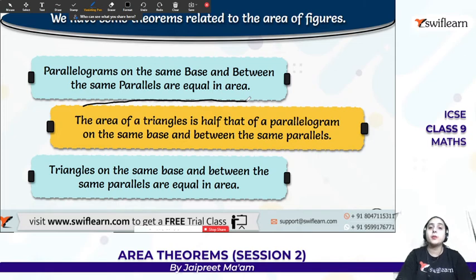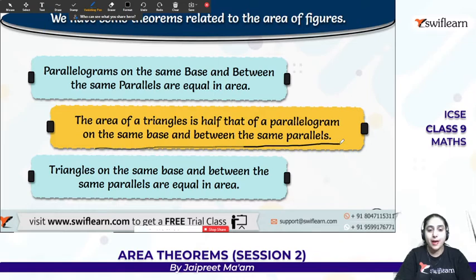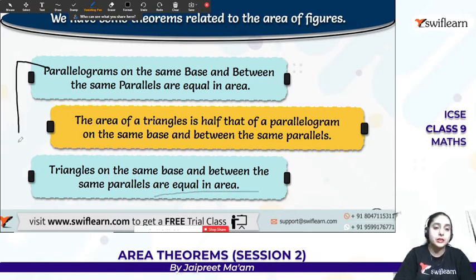Very important and very useful in solving questions. Next, the area of a triangle is half of the parallelogram on the same base and between the same parallels. Third theorem, triangles on the same base and between the same parallels are equal in area. So we have learned these three theorems previously.